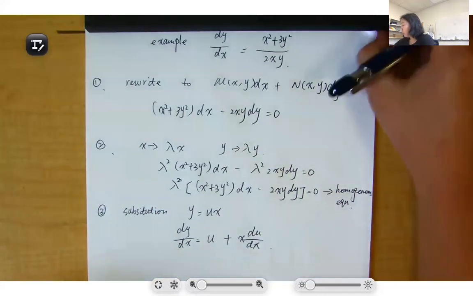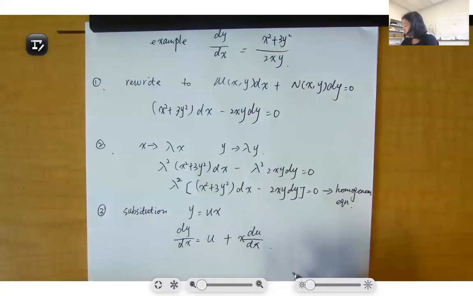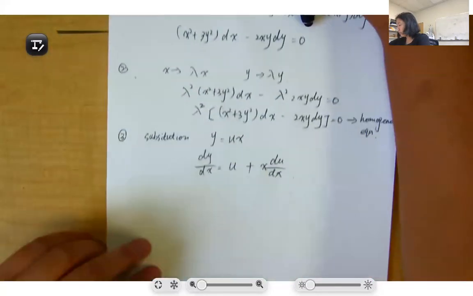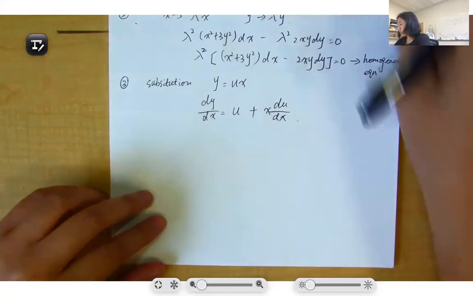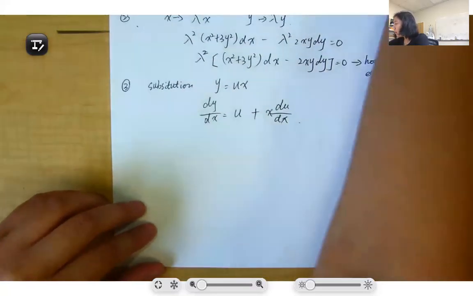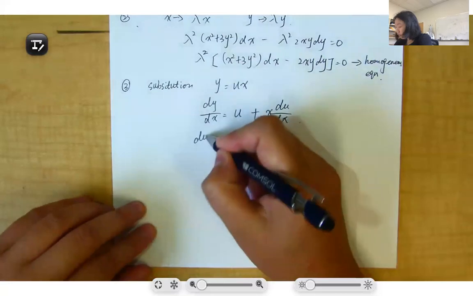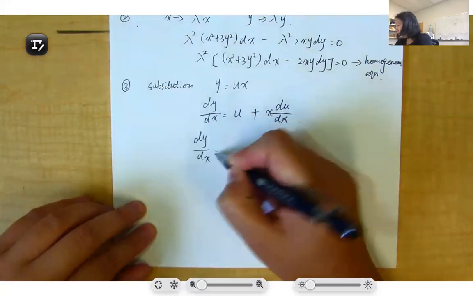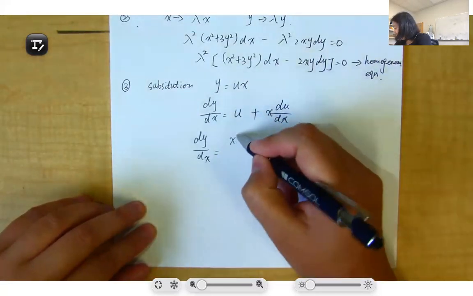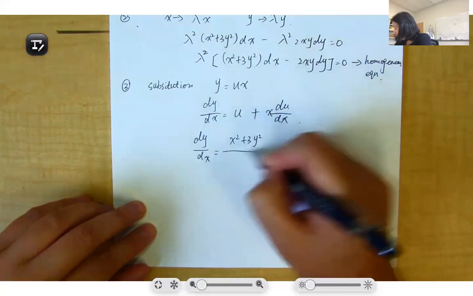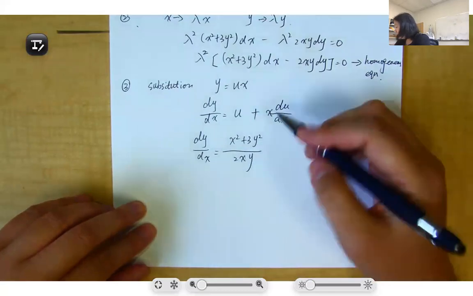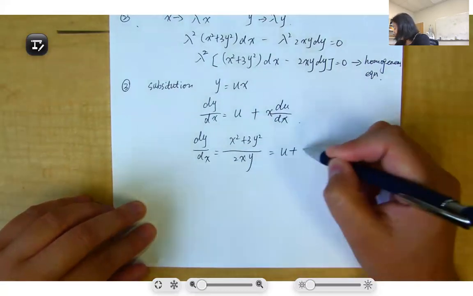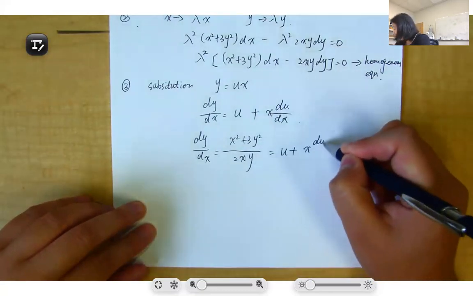And we also know from the beginning that dy over dx is equal to (x squared plus 3y squared) over 2xy. That is our problem side. And that will be equal to u plus x du over dx.